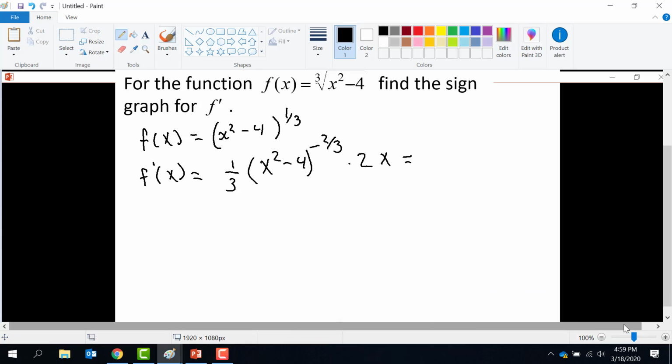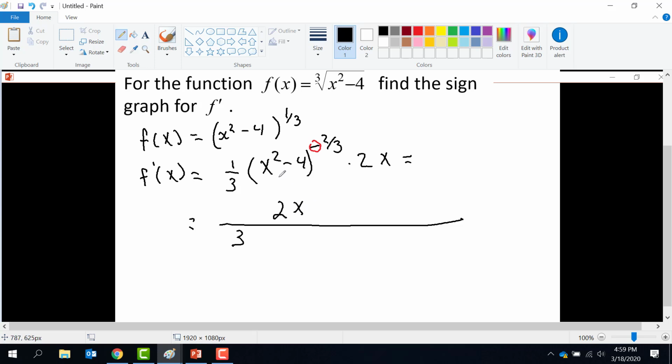Okay, so we have the derivative of this function, 1/3 times x squared minus 4 to the negative 2/3 times 2x. Now, again, what this negative tells me is that these factors actually belong in the denominator. So we will go ahead and write a fraction. In the denominator, we already have the 3. The 2x is in the numerator.